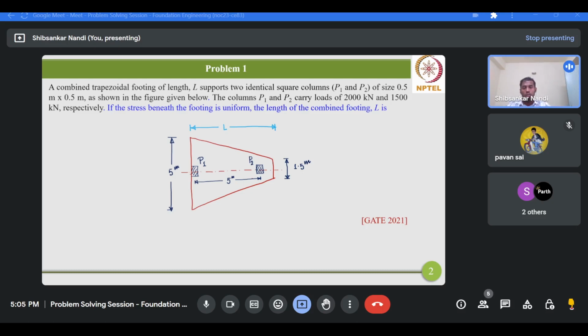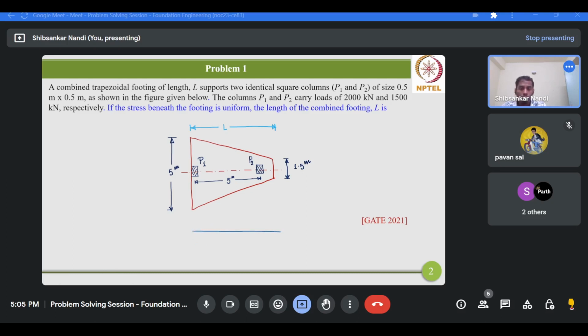Okay, so the fundamental to this problem is all about the distribution of stress beneath the footing. Suppose I am drawing the elevation view.